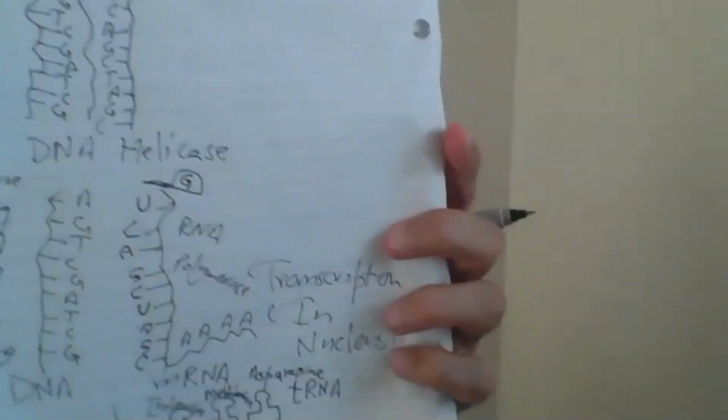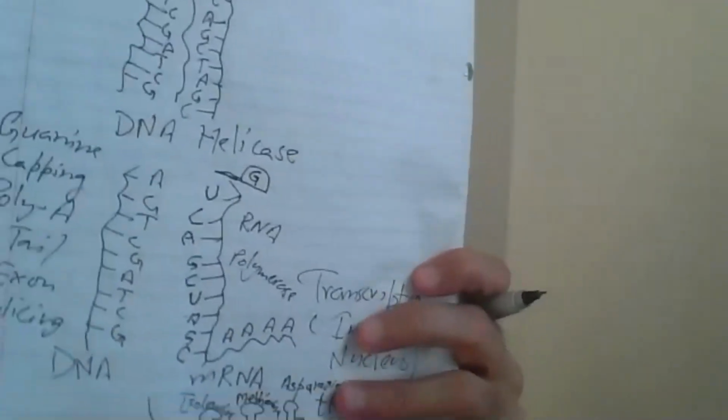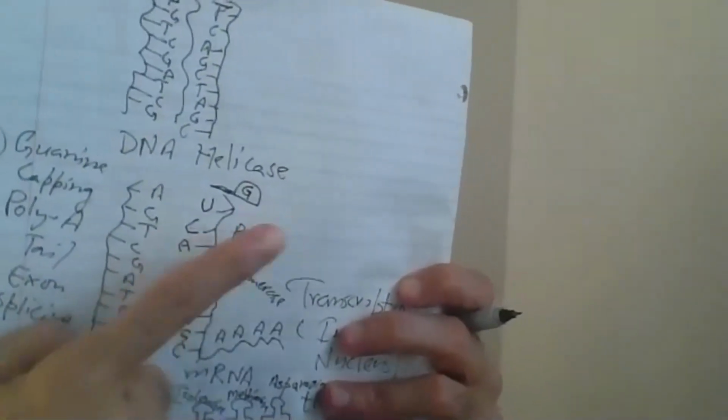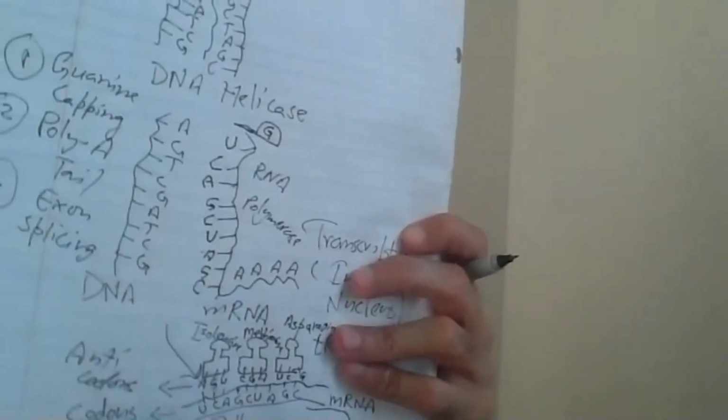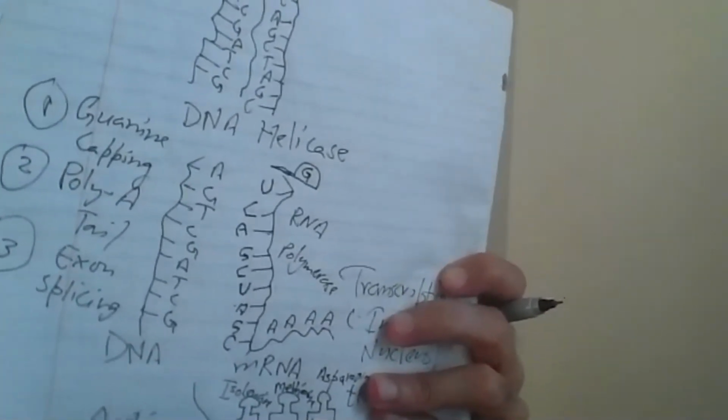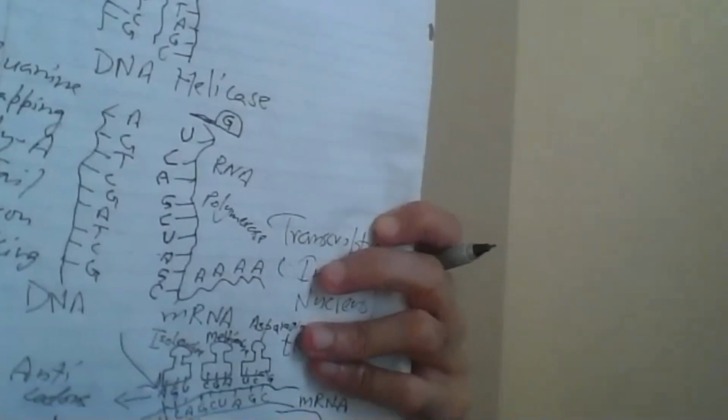So what is an exon? Exon, and then something called intron. Those chunks of the messenger RNA which are snipped off, cut out, and do not make it out of the nucleus, those are actually called introns.